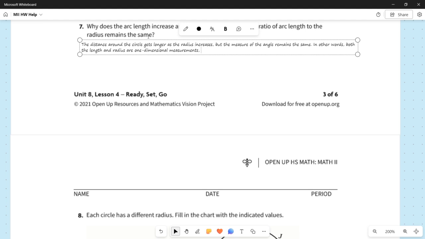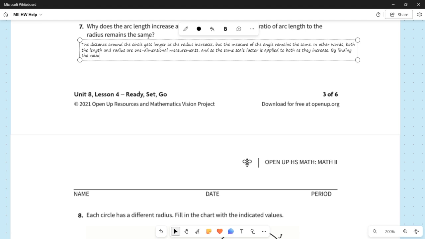It's just length. So they're both one-dimensional measurements, and so the same scale factor is applied to both as they increase. If you double the radius, you double the arc length. If you triple the radius, you triple the arc length.